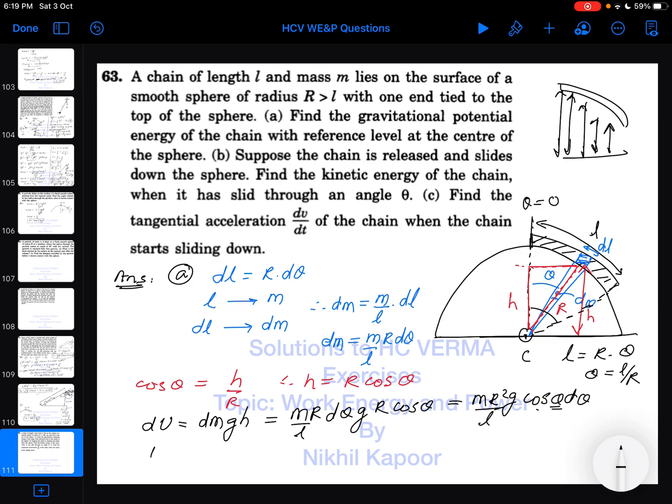So the total potential energy possessed by the chain is the integration of dU, where theta varies from 0 to L by r. m r square g upon L is a constant which can be taken outside, and in the integration what remains is cos theta d theta, where the limit varies from 0 to L by r.